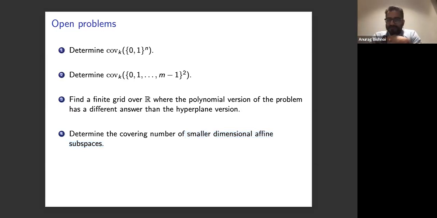And now it seems quite tricky. What's the best way to capture a smaller dimensional affine subspace here? I don't know any nice polynomial method bounds here. And I think this will require some genuinely new ideas in this area. Okay, that's it. Thank you.